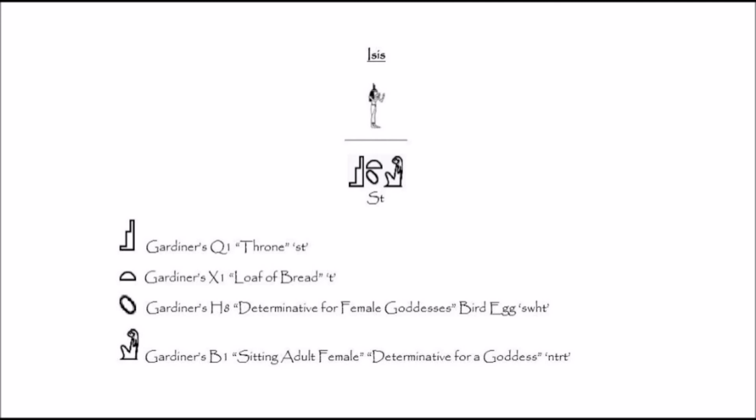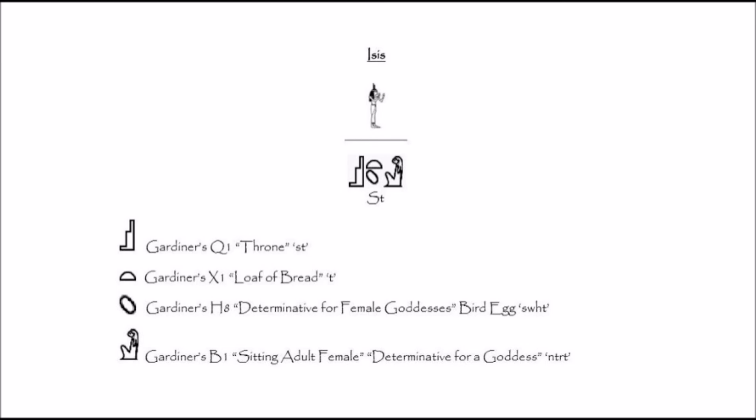This is significant in understanding how to translate Egyptian, and why Egyptologists don't have a full grasp of how to translate Egyptian yet. The next character is Gardner's X1. This is a loaf of bread. This is how they made their bread back then. It looked like a rock with a flat surface, or a flat base.